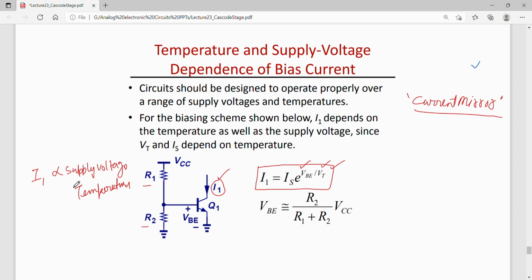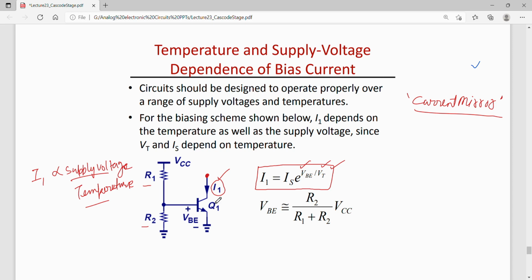And if any of these two things change, then this bias point also changes. Now if I can design a current source which does not change with supply voltage variations or temperature variations, then that current source can be used here to bias this transistor.